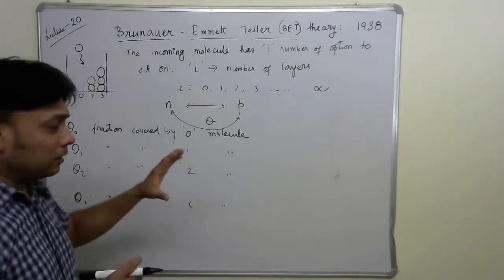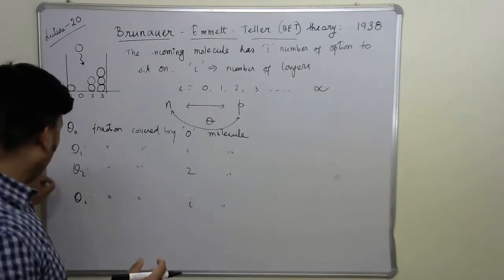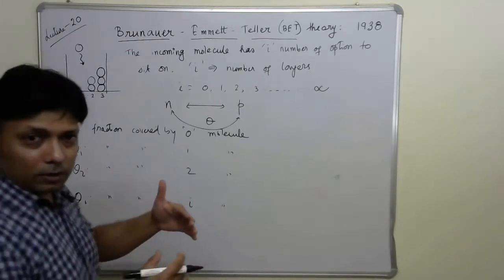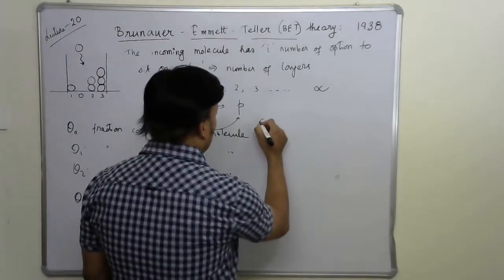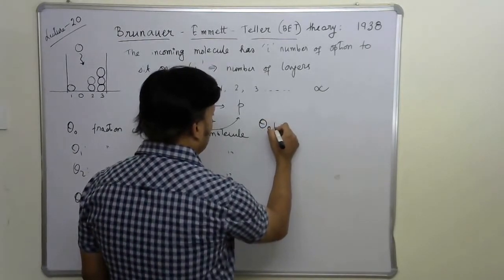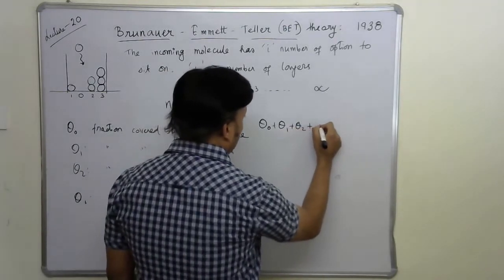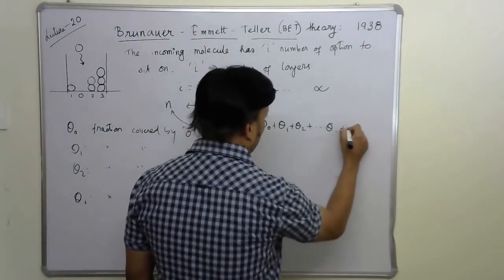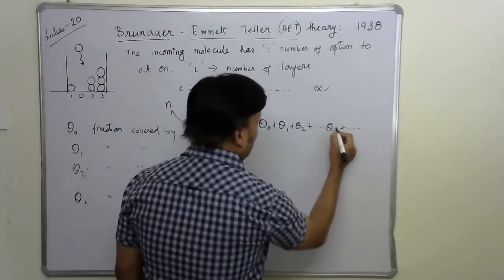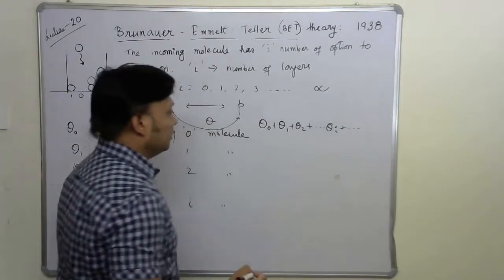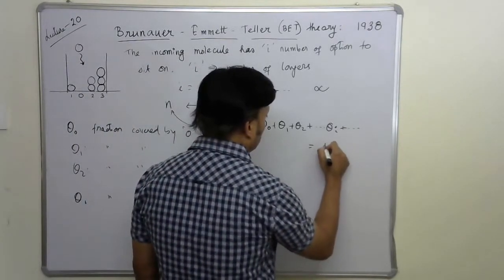Since the total fraction should be 1, the summation of theta 0 up to theta I should be equal to 1. So there is also another relationship: theta 0 plus theta 1 plus theta 2, like that we can go up to theta I plus etc., whatever thetas are there, should be equal to 1.